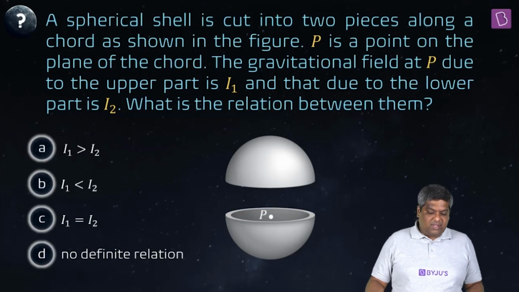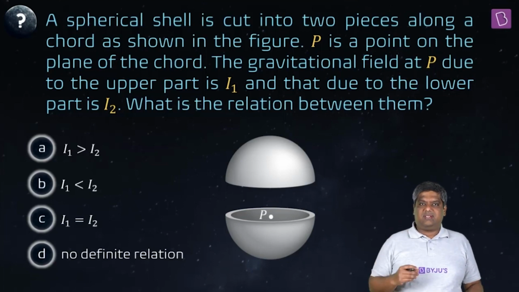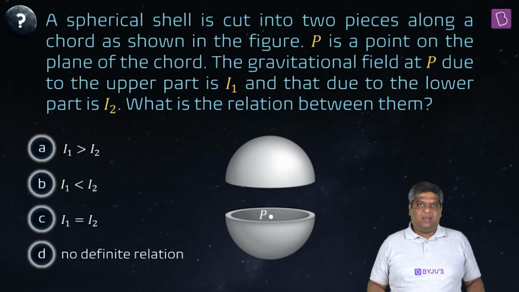Since the gravitational field is a vector, the I1 and I2 they have given are basically the magnitudes of the gravitational field intensity vector. P is a point on the chord, so P is a point inside the shell.